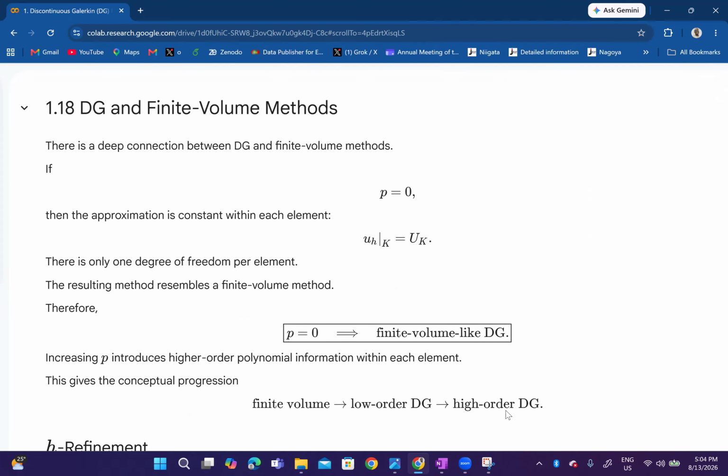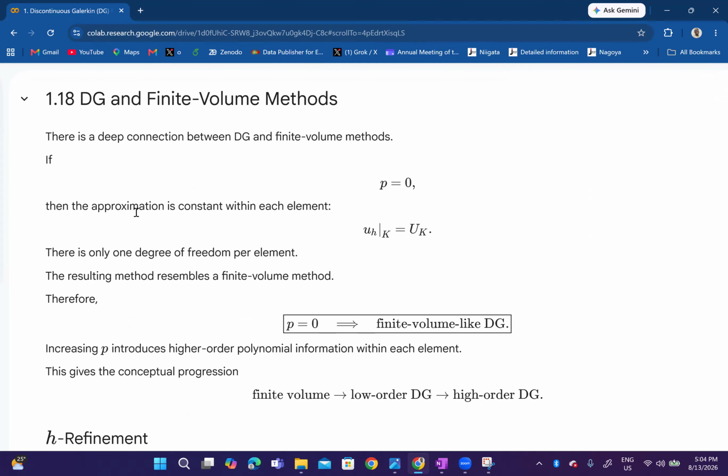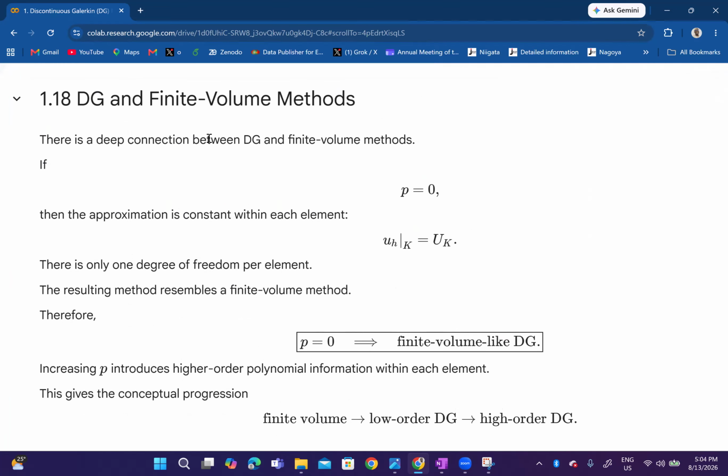Then we have discontinuous Galerkin and finite volume methods. We said initially that discontinuous Galerkin involves finite element, finite volume, and all of that. So there's a deep connection between discontinuous Galerkin and finite volume methods. If, for instance, p is equal to 0, that's the polynomial degree, then the approximation is constant within each element.